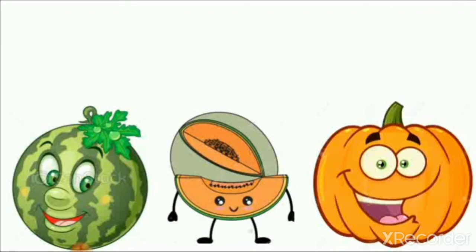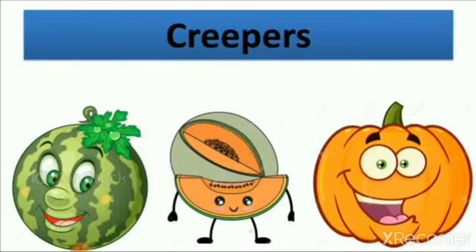These all are types of the plant. So watermelon, pumpkin and muskmelon are types of the plant. Which type of the plant? Creepers. So the watermelon, muskmelon, pumpkin and many other plants are creepers. So we learn about creepers today.